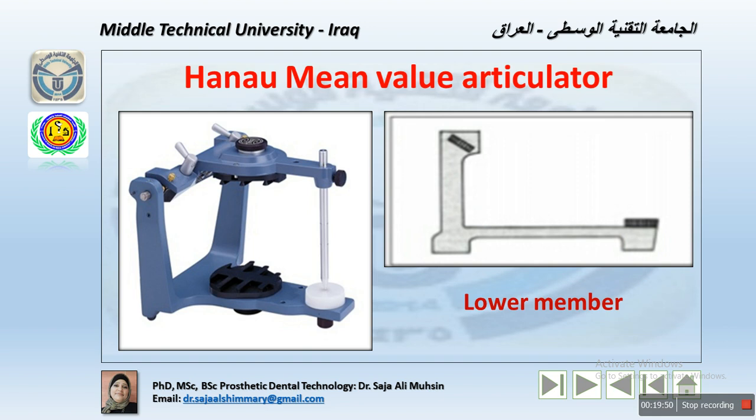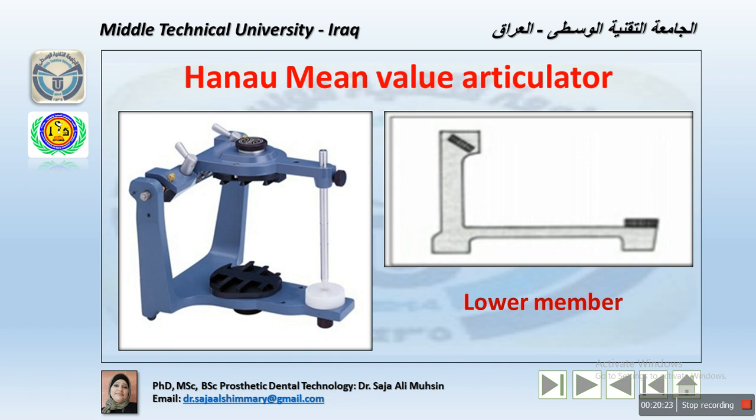Now the lower member is an L-shaped frame with horizontal and vertical arms. The horizontal arm is triangular in shape and corresponds to the upper member, just like the horizontal one. It is a triangle in shape, corresponding to the upper member. That means the base at the back and the apex in front.